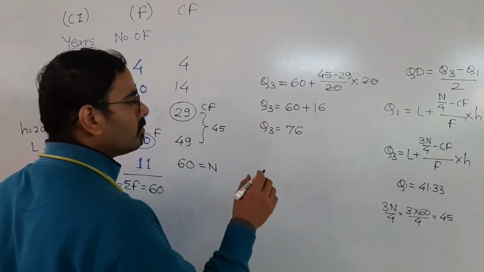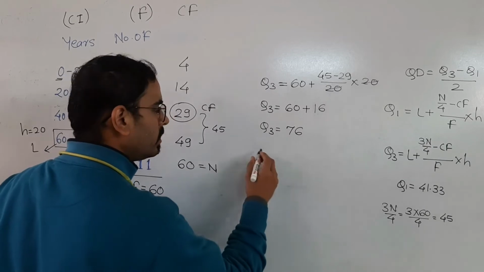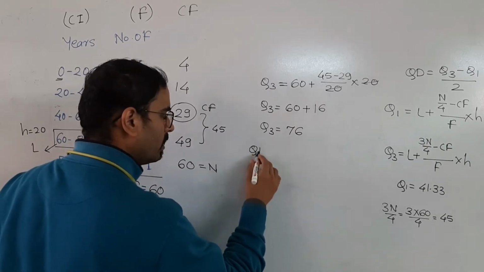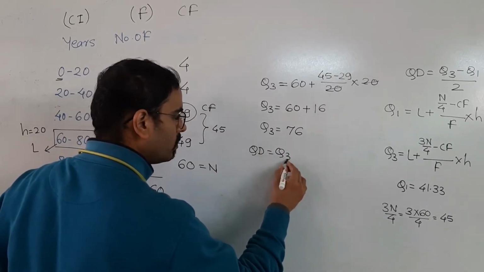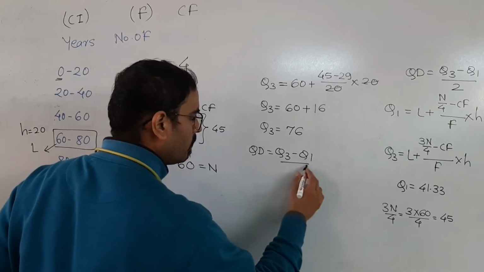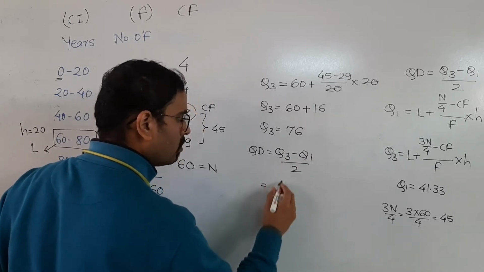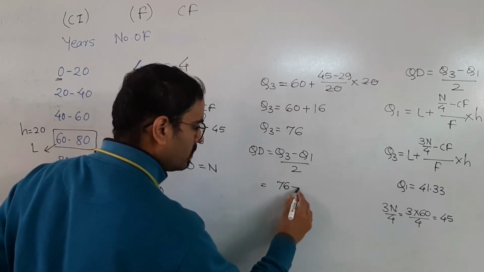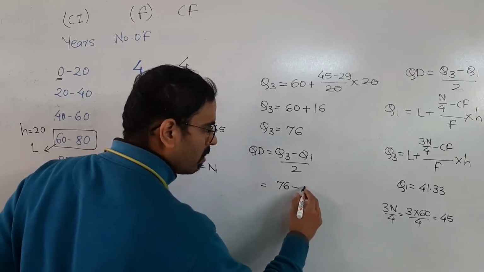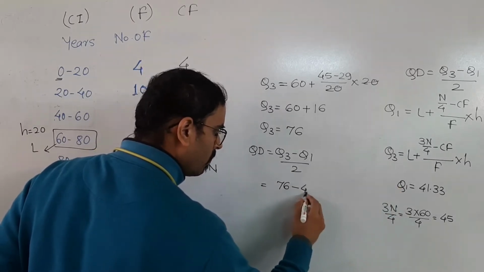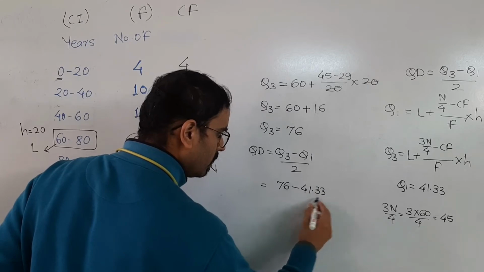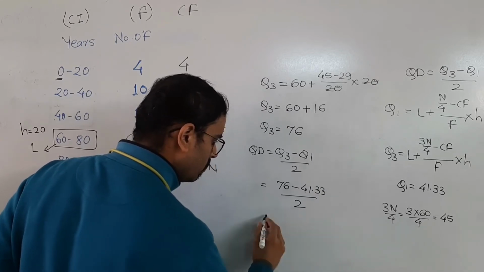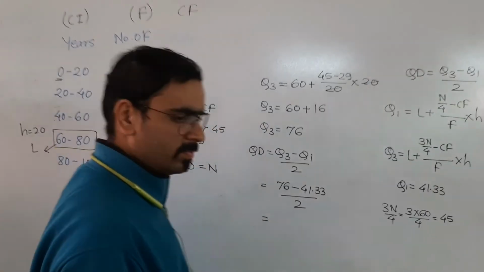Now we need to find QD. That will be the quartile deviation. The formula is Q3 minus Q1 divided by 2. So Q3 is 76 minus Q1, which is 41.33, divided by 2. Find out the answer.